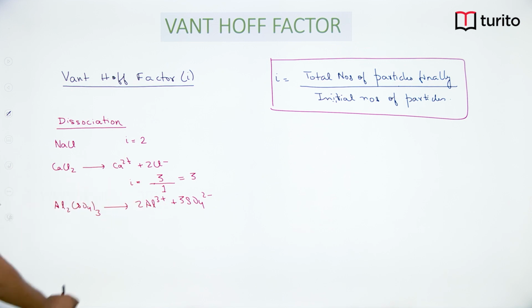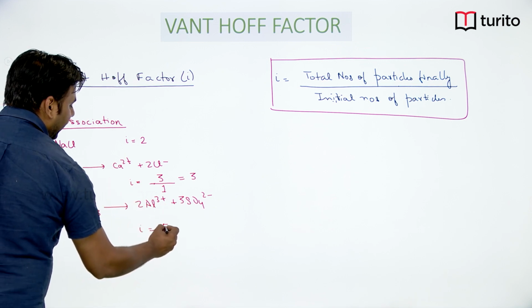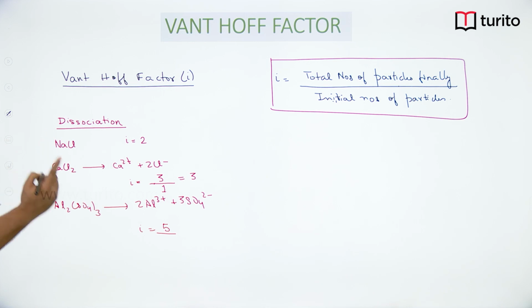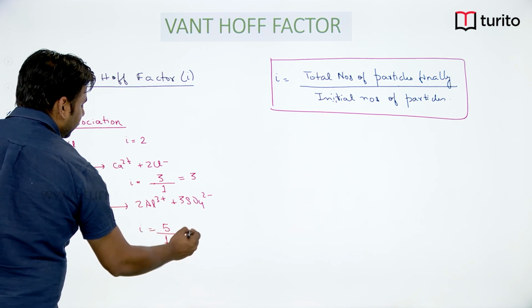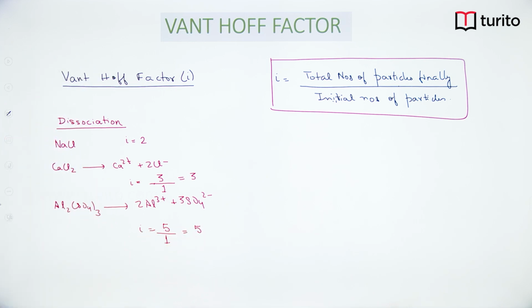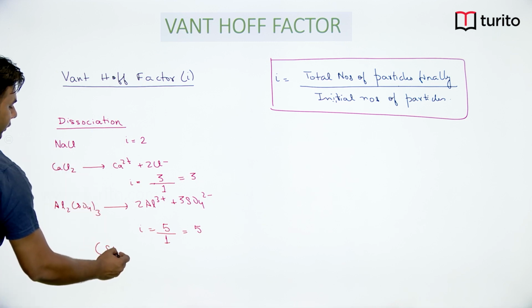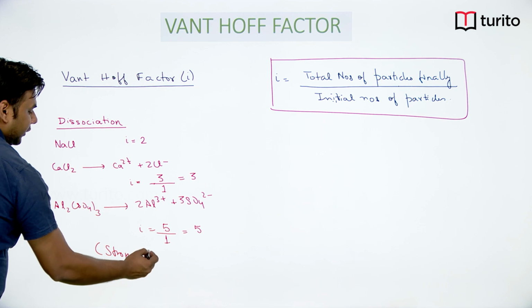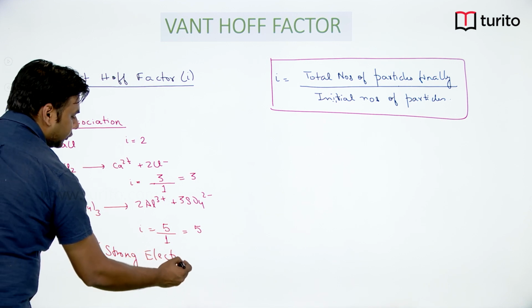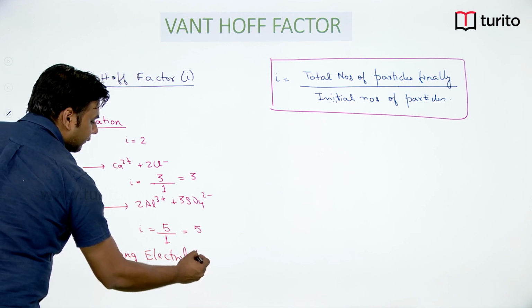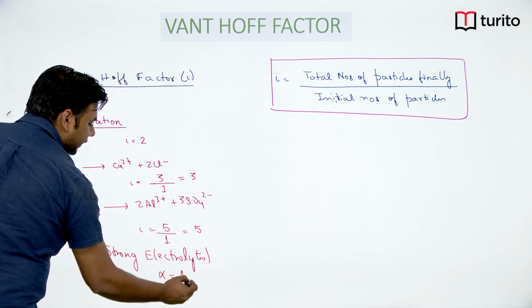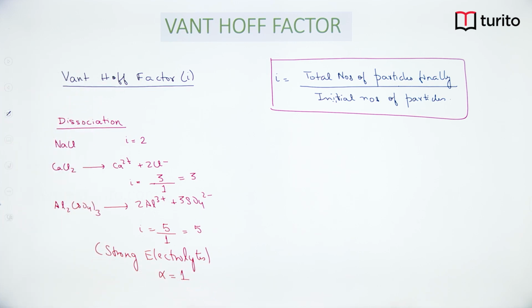The total number of particles finally was 5, and initially you added only one particle. So the Van't Hoff factor of this would be 5. This is for strong electrolytes. These are all strong electrolytes, and we are assuming the degree of dissociation to be 1, that means they are 100% dissociated in the solution.